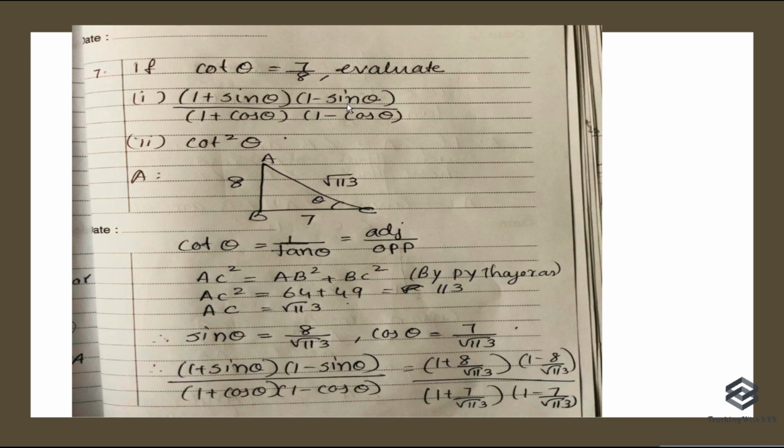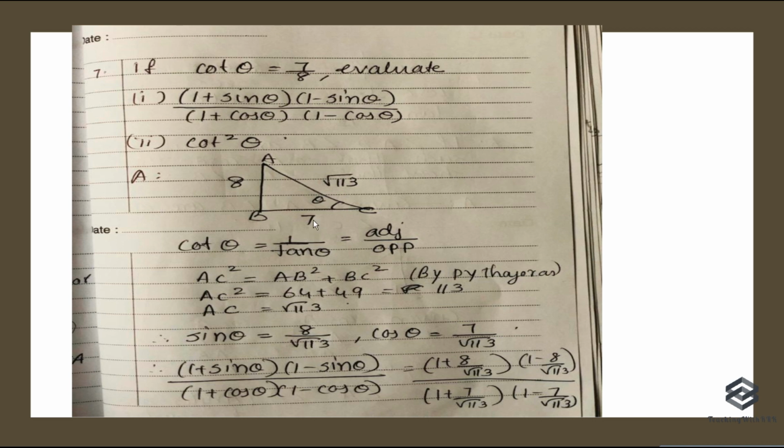Now, find out sin theta and cos theta, because in the question you want to find out (1 plus sin theta)(1 minus sin theta) divided by (1 plus cos theta)(1 minus cos theta). What is sin theta? Sin theta equal to opposite of angle theta 8 by hypotenuse square root of 113. So sin theta is 8 by root 113.